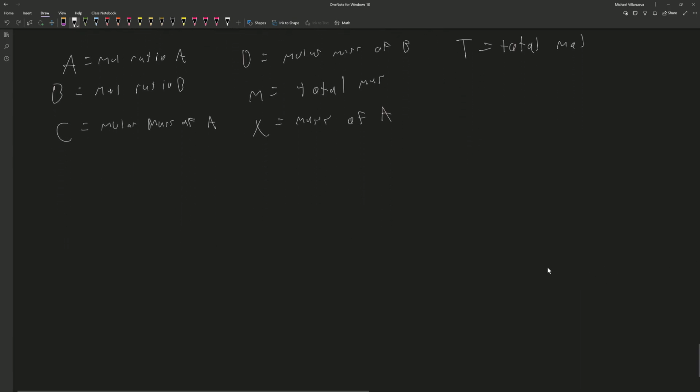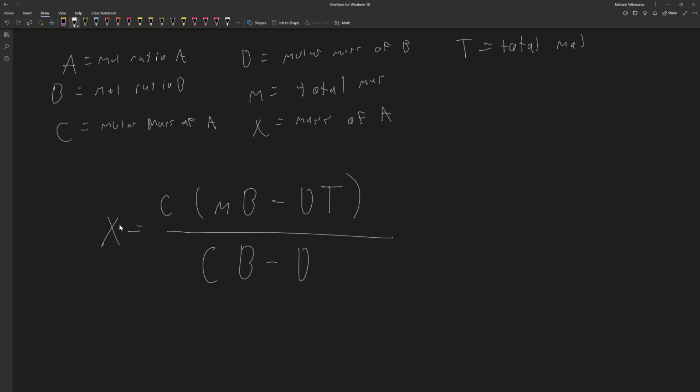I will give you that solution right now because I'm not going to work it out. X equals C times (M B minus D T) all over (C B minus D A). Now this equation is not in your book, or I don't think it's in any book really.